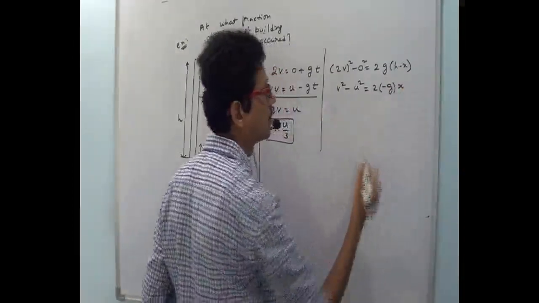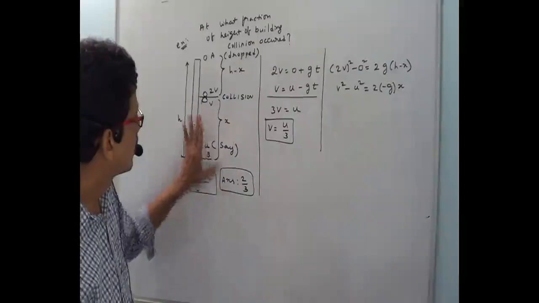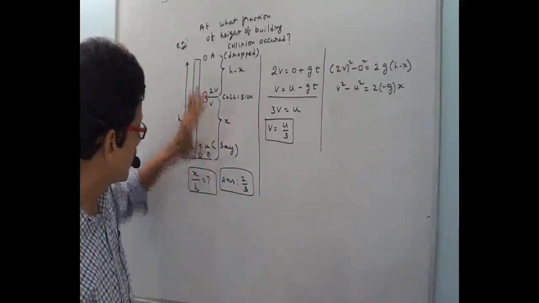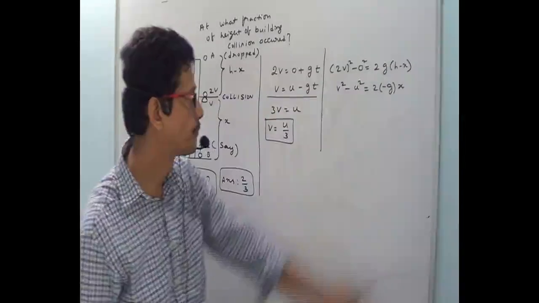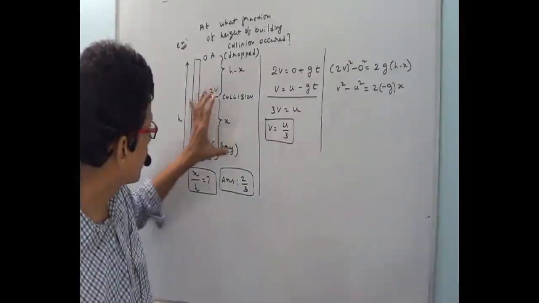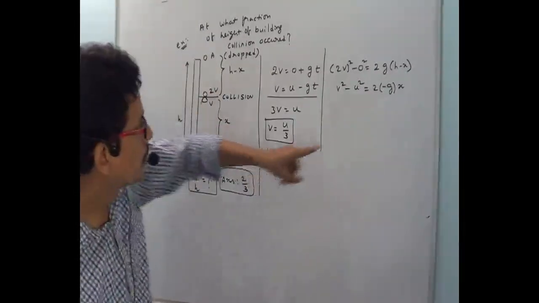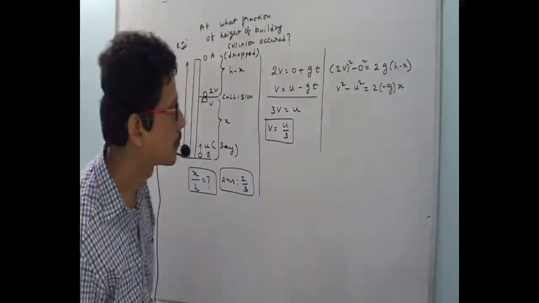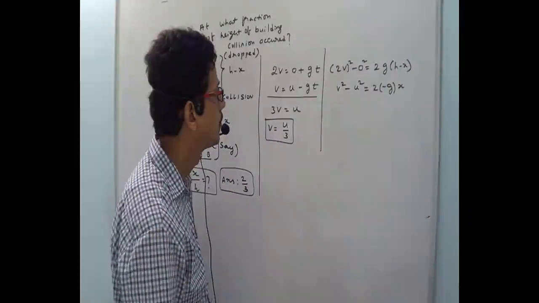When you are taking v and u as positive, g you have to take negative. Displacement also I have taken positive, x is positive, then g should be negative. This is minus g.